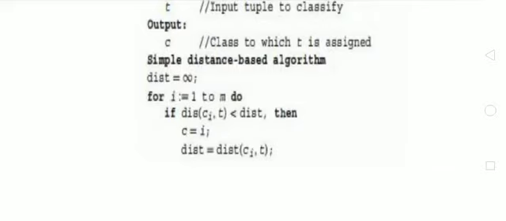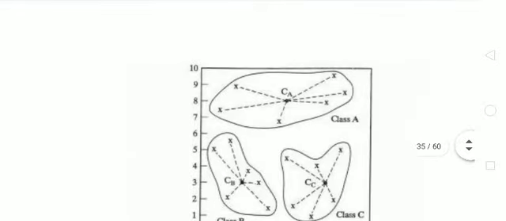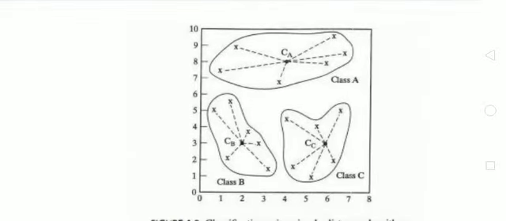Now let us consider the diagram below, in which the classification is shown which is based on a simple distance algorithm. The data we are considering in this figure is the same as in the classes.